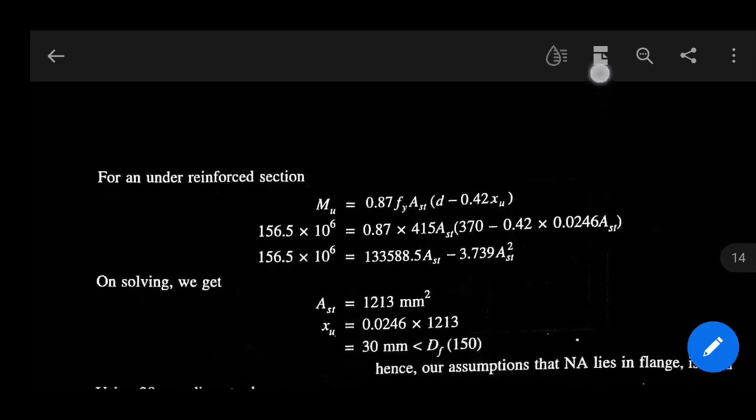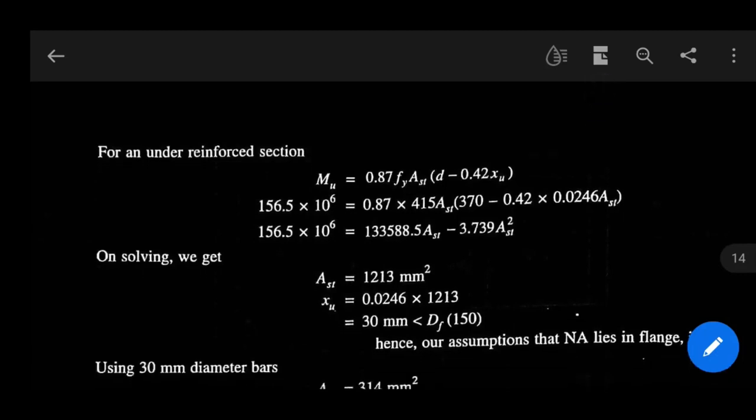So from this we can write 156.5 into 10 to the power 6 is equal to 133,588.5 AST minus 3.739 AST square. By solving it, we get AST is equal to 1213 mm square.